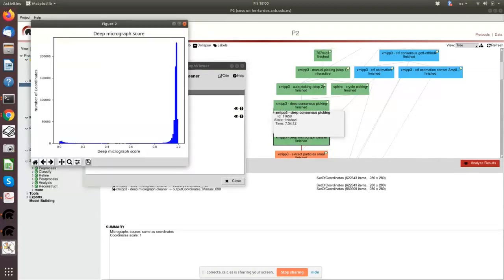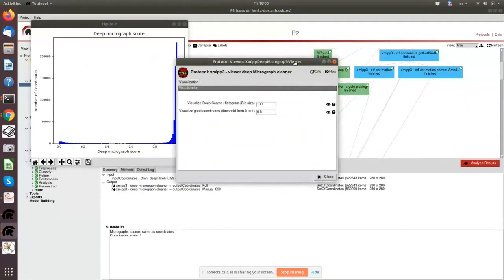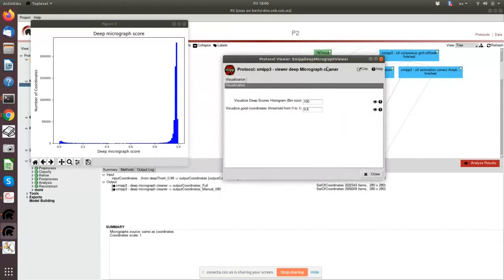So if the score is high, that means that it is a good particle. If the score is low, it is a bad particle. So you see that most of the particles or coordinates have a score above 0.9. We have been rather conservative not to remove many particles, and by default we suggest 0.8, but I use 0.9 looking at the histogram.